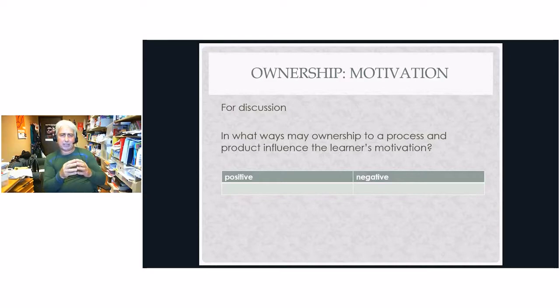The product is decided: that you're able to say something about or name the items in this box. Now, the ownership of the process is that the pupil can decide the design of the box, can draw, color, cut, glue, paste, and also decide what goes into this box.